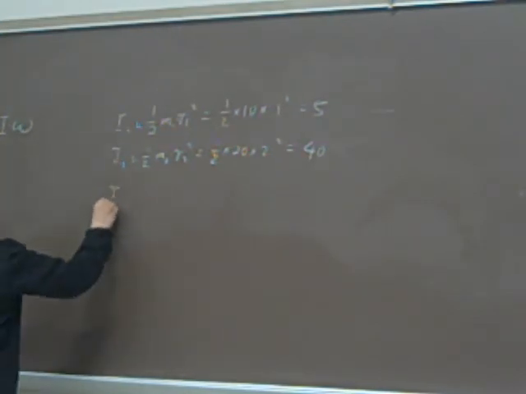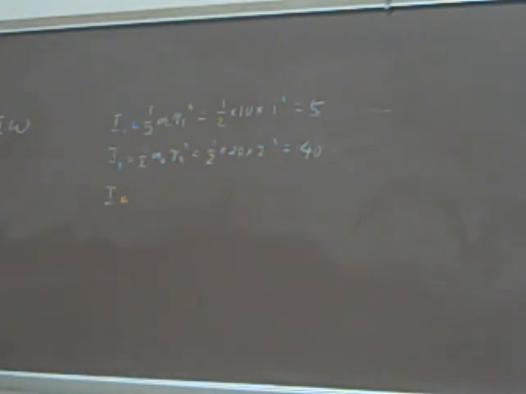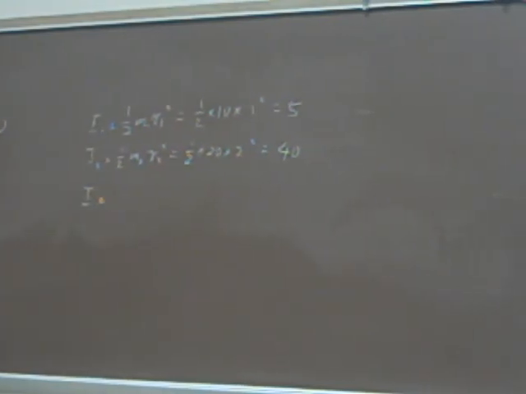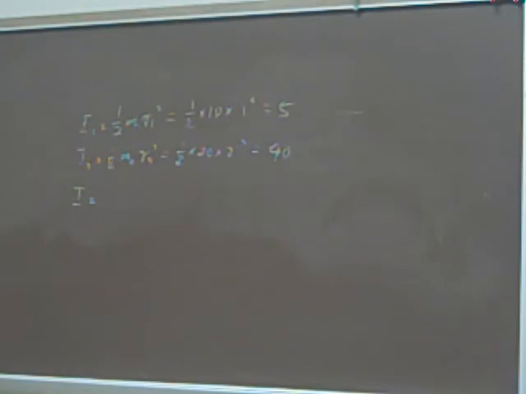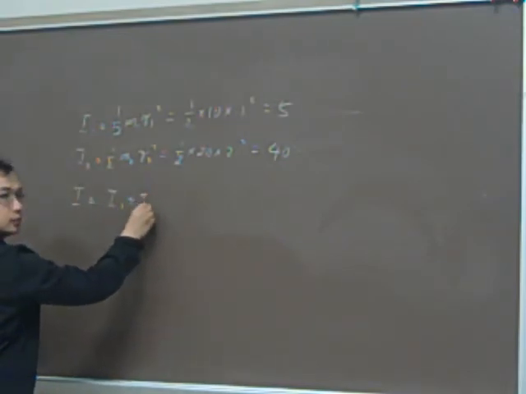How about I, the total rotational inertia after the coupling? How can you calculate it? It's not a regular shape. You cannot use any definition equation, but it should be this, right?